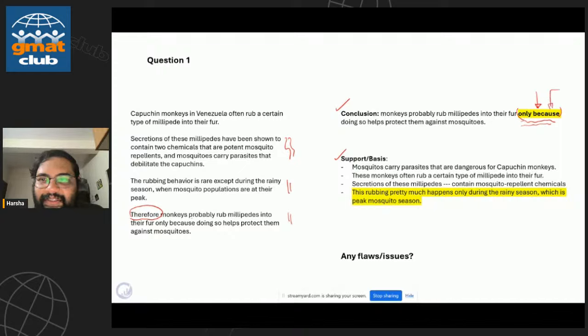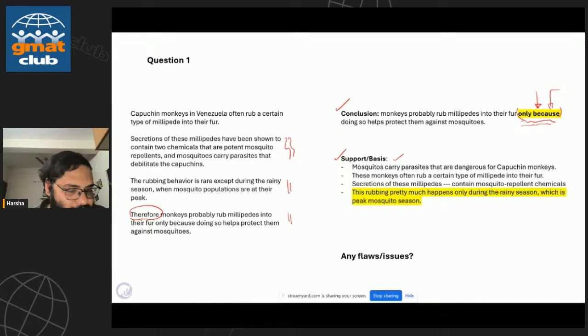I'm sure some of you at least have made those mistakes earlier, including me. But notice, only because doing so helps them protect. In other words, why is it the monkeys rub the millipedes into their fur? Only for this one reason, that is to protect themselves from mosquitoes. Yeah. And I think we've understood what the logic is.